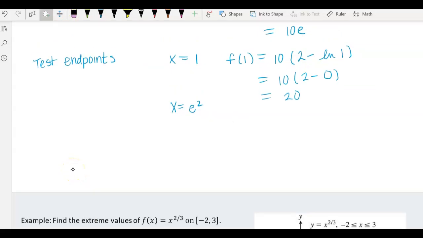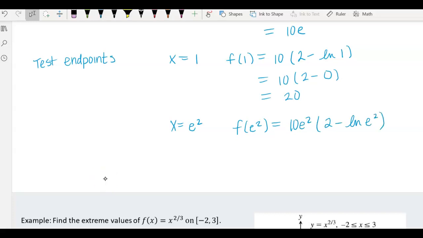And then plugging e squared in, we'll get 10 times e squared times 2 minus natural log of e squared. 10e squared, and then this will be 2 minus 2. So we get 0 for this one.